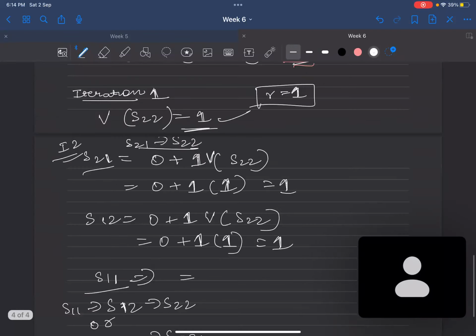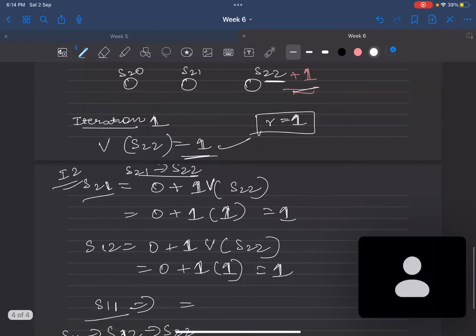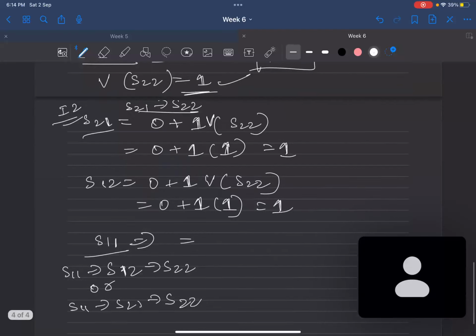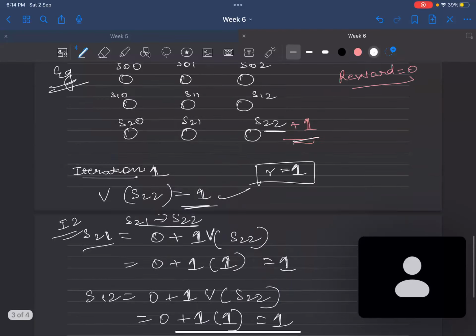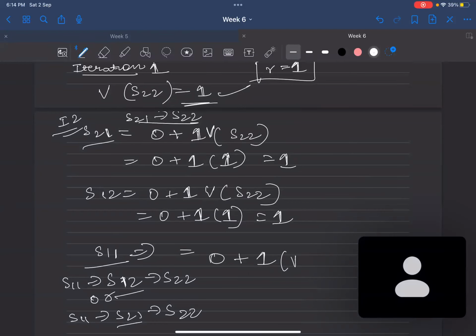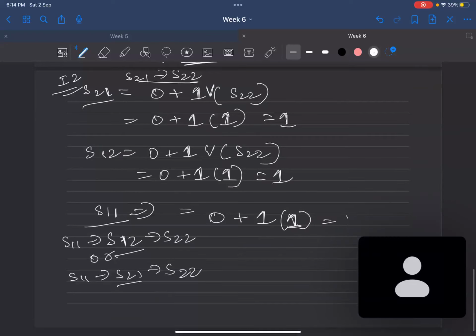Reward is 0, discount factor is 1, and we calculated the values of both S12 as well as S21. Both are 1, so it will make no difference which path we follow. We'll get the value function as 1 only.